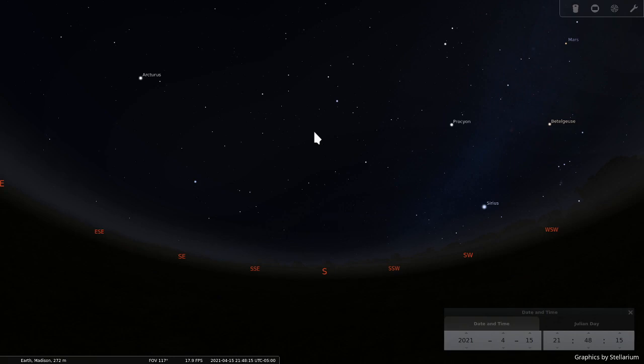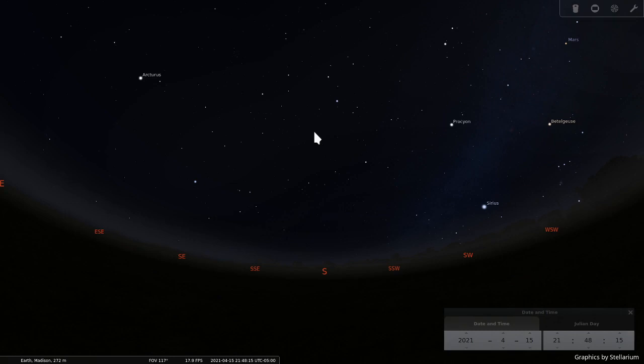I like to recommend it because it is a free piece of software that you can download from their home website, which is easy to find, stellarium.org, and you can download it. It runs on Macintosh and Windows and Linux, and so pretty much any laptop or desktop computer that you have available will run Stellarium.